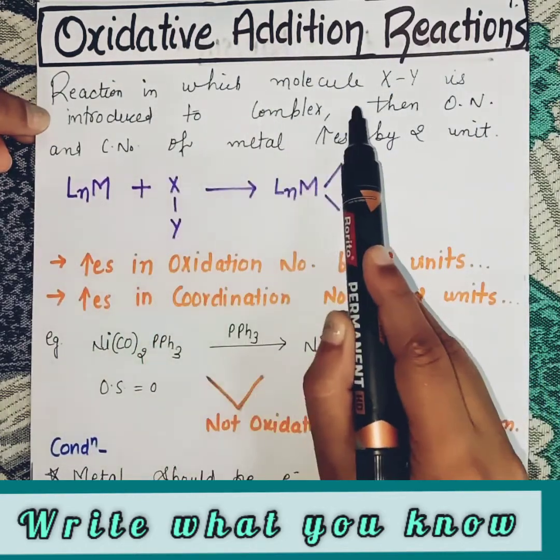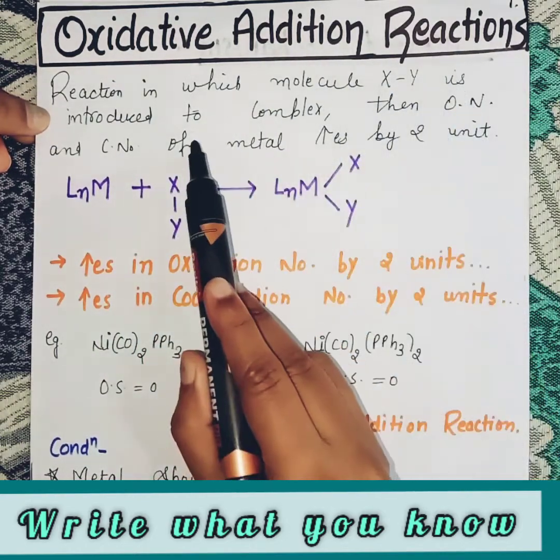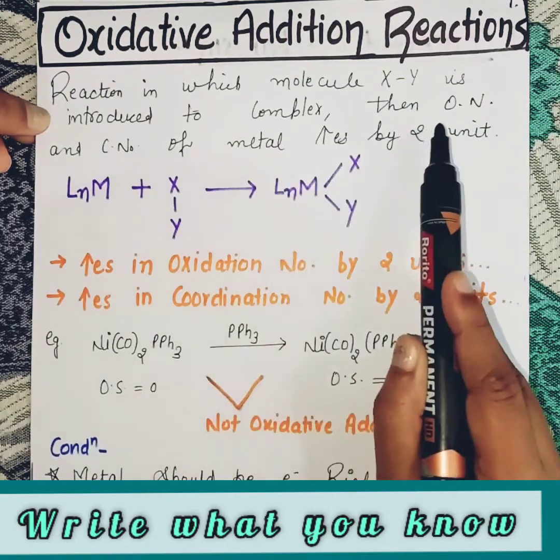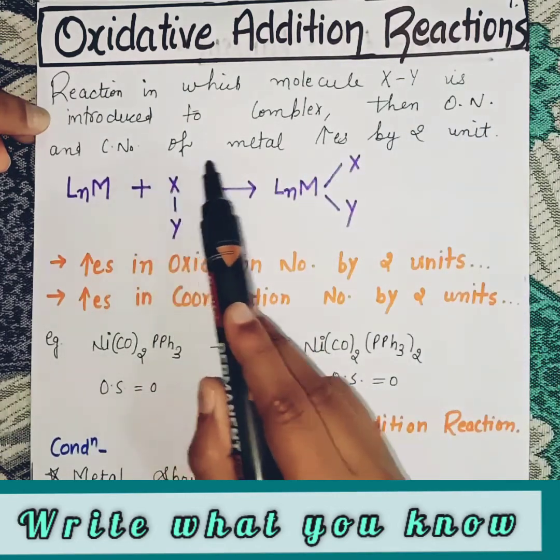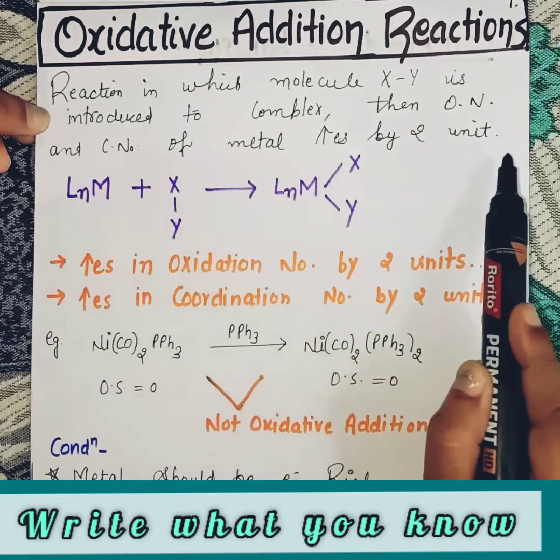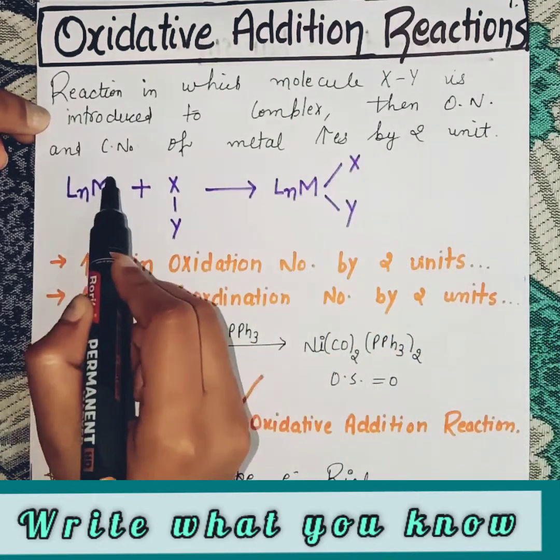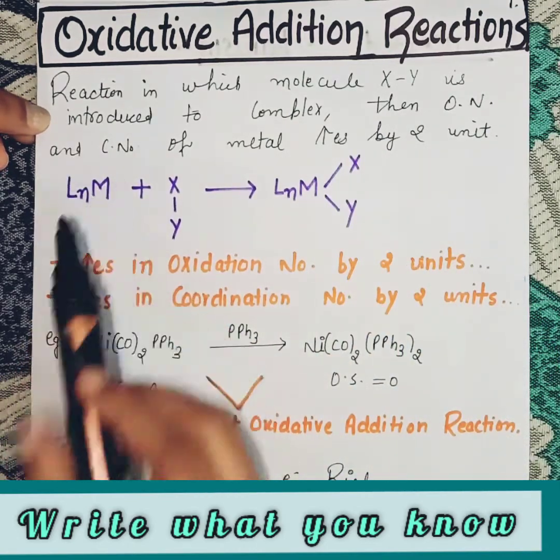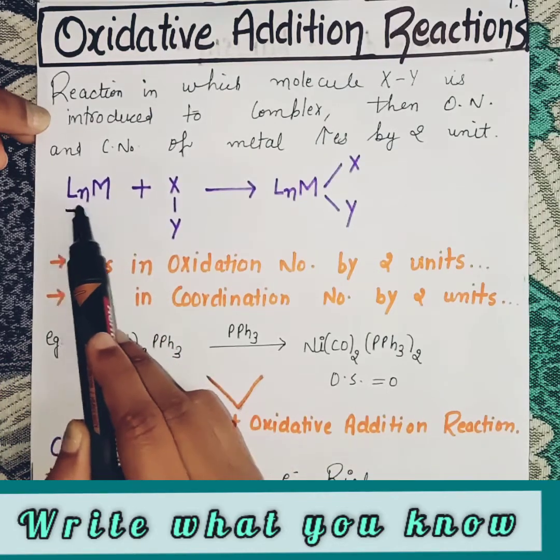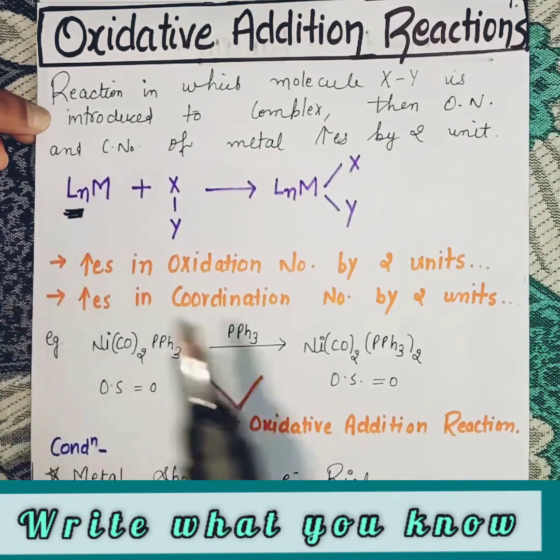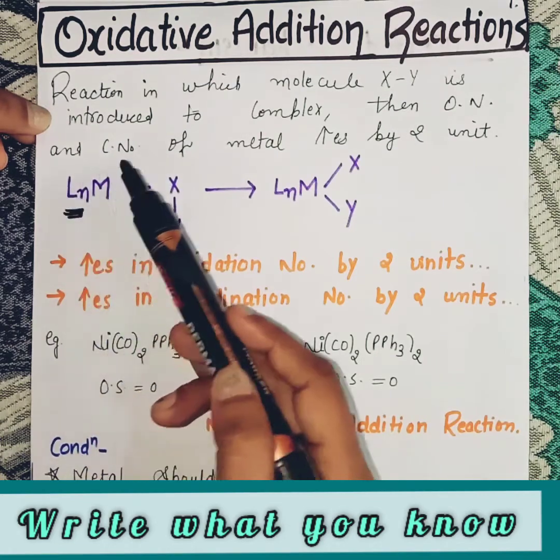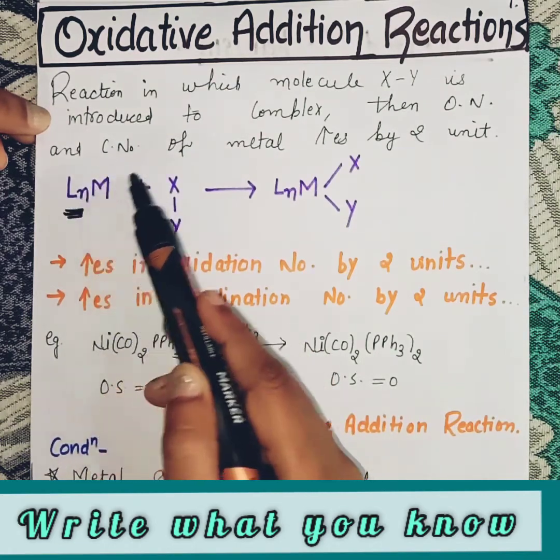In this reaction, when a molecule XY is introduced to a complex, the oxidation number and coordination number of the metal increase by 2 units. Here we have one complex with a number of ligands, any number of ligands like 4, 5, 6.